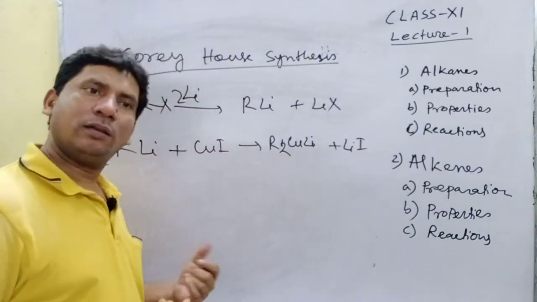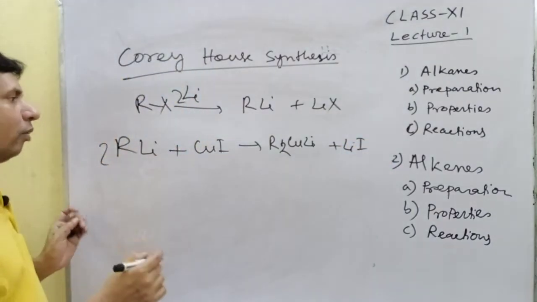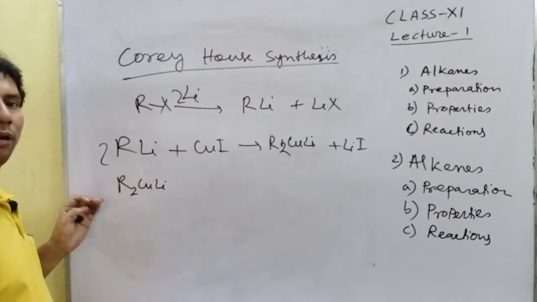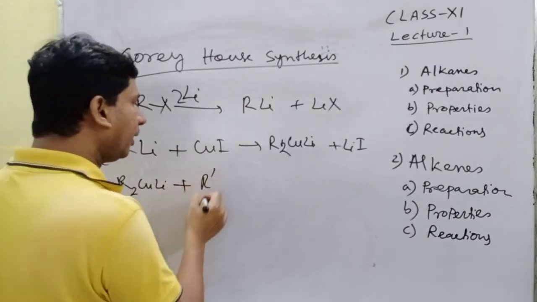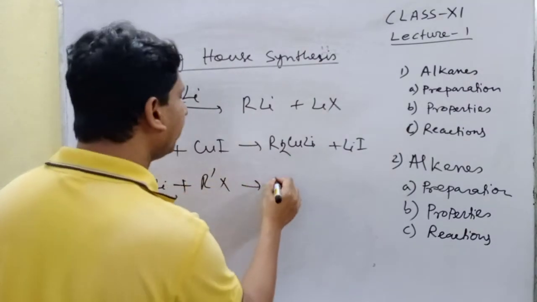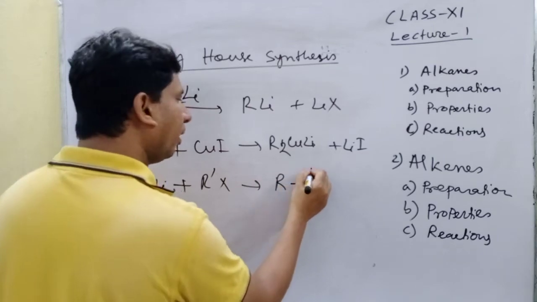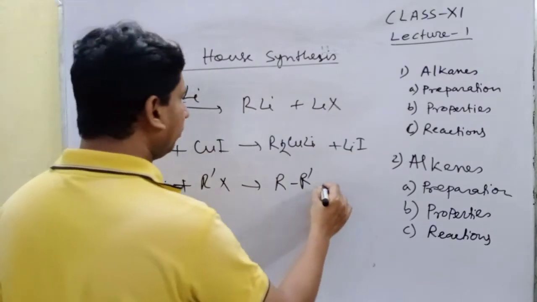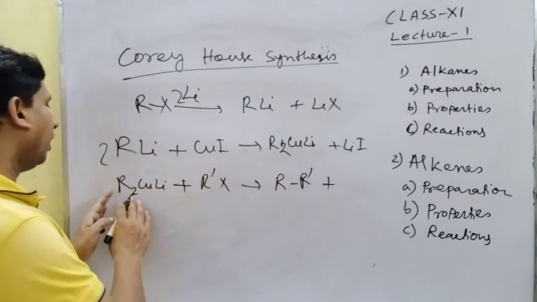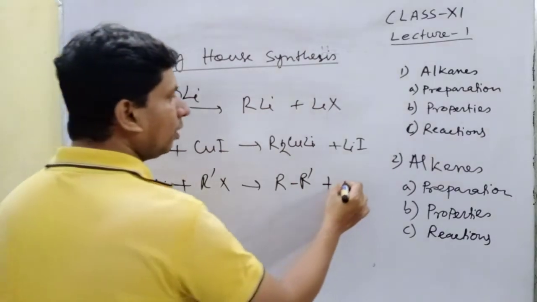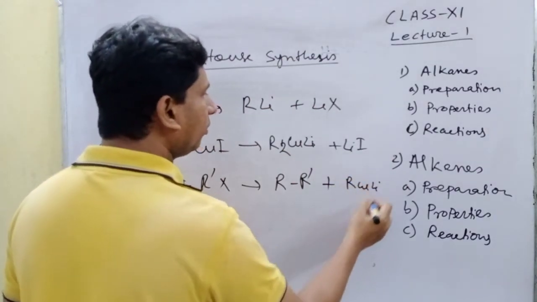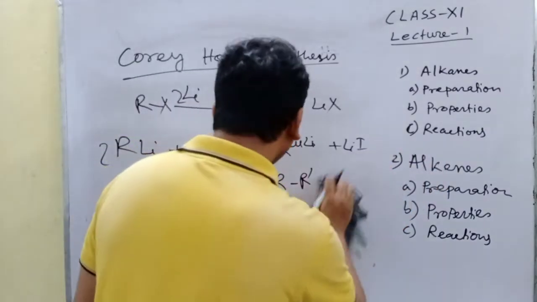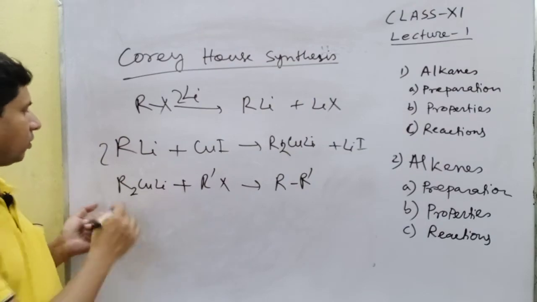Okay, there is no problem. Now this R2CuLi can react with R dash X, then we can get R-R dash and RCu, LiX, no problem.